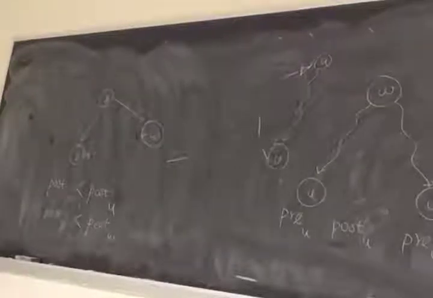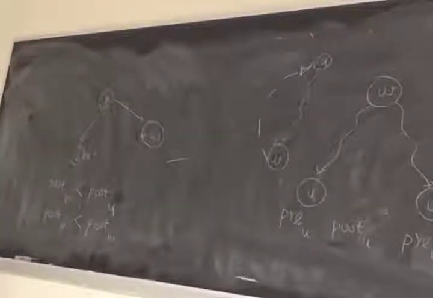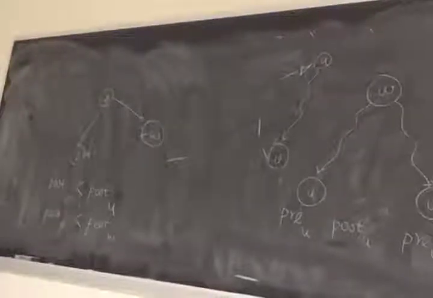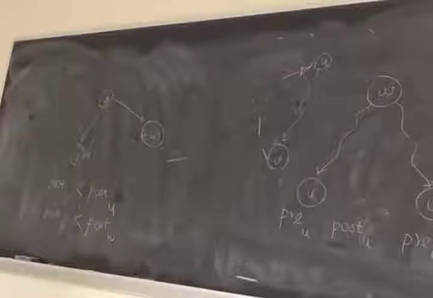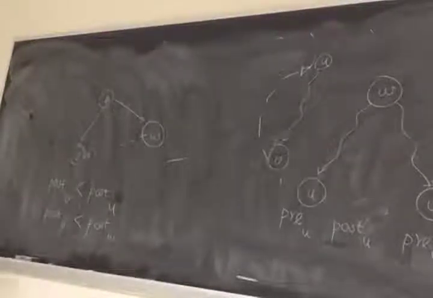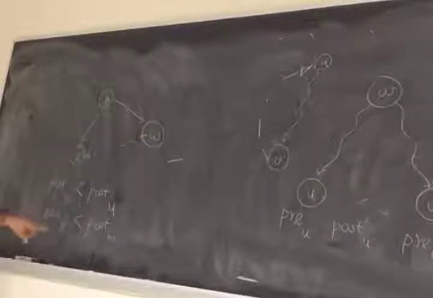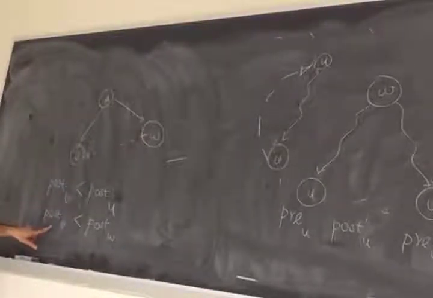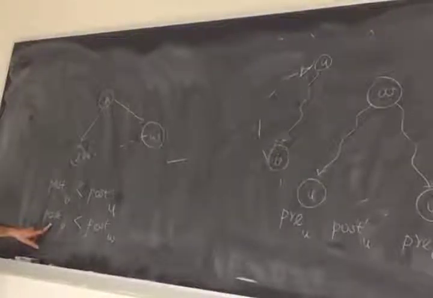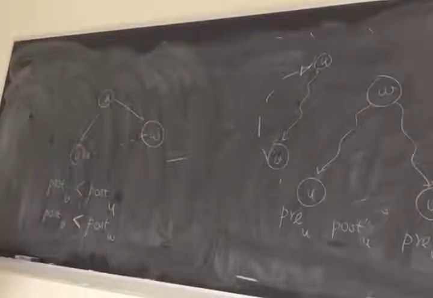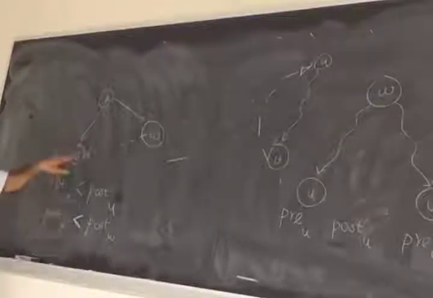So what we are saying here is that in a DAG, every edge leads to a vertex with a lower post number. If you look at this edge, it goes from w to v. We said post v is less than post w, so the direction of this symbol matches the direction of the arrow. That's what the second bullet here says: that the direction of this symbol matches the direction of the arrow.